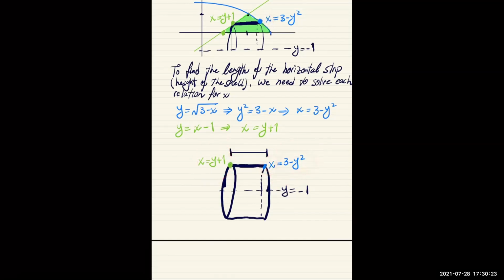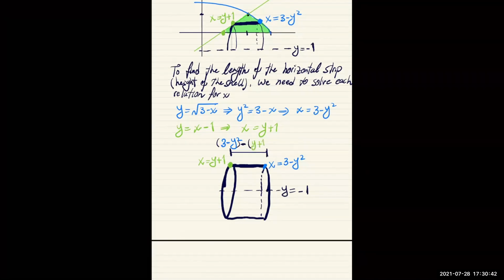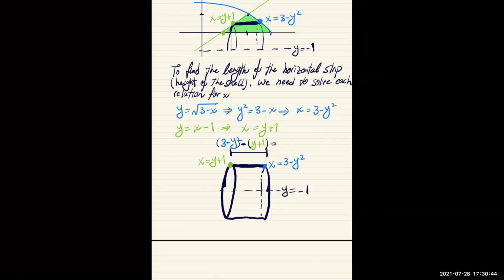Just do 3 minus y squared, minus the left x, which is y plus 1. Everything has to be in terms of y, guys. So there we have it. We have the height of the shell, and let me write that in pink.